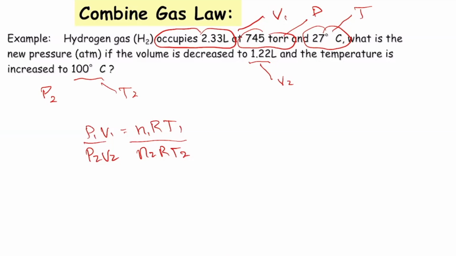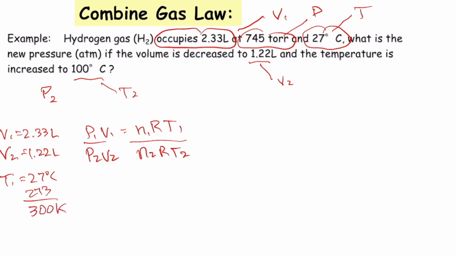Now, the volumes are going to be volume 1 equals 2.33 liters. Volume 2 equals 1.22 liters. Temperature 1 equals 27 degrees Celsius. You need to convert that to Kelvin right away. So add 273 to this, that's 300 Kelvin.